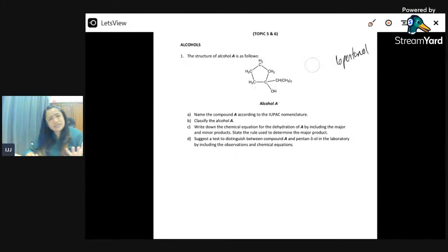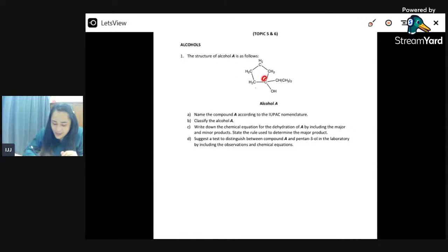In the classification of alcohol A, you need to check which carbon the OH group is bonded to, because when you classify your alcohol, it actually depends on the carbon attached to the OH, this carbon over here. So you need to classify the carbon.